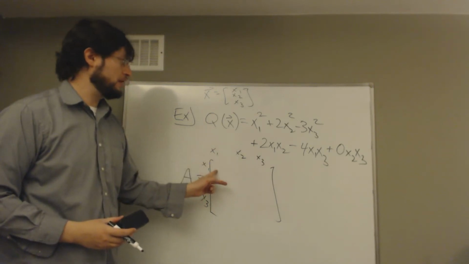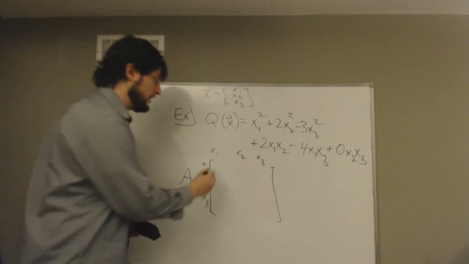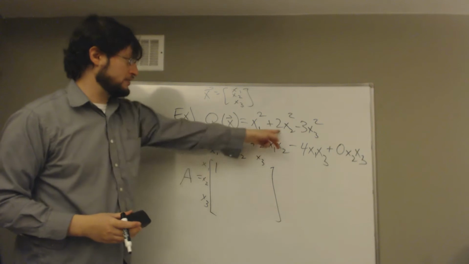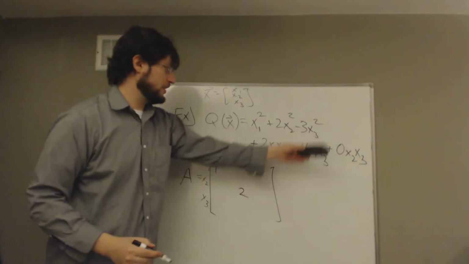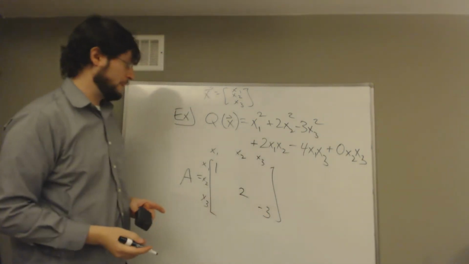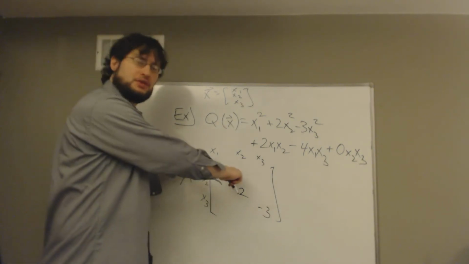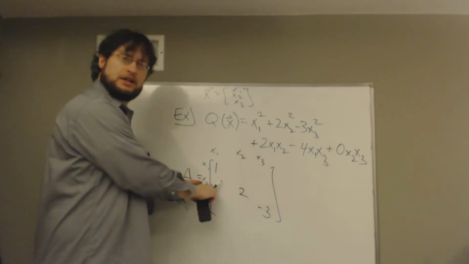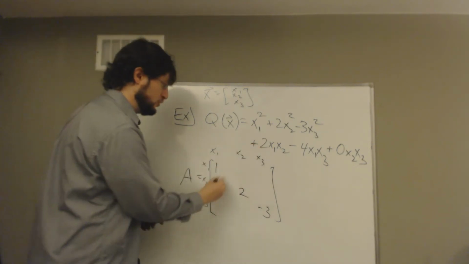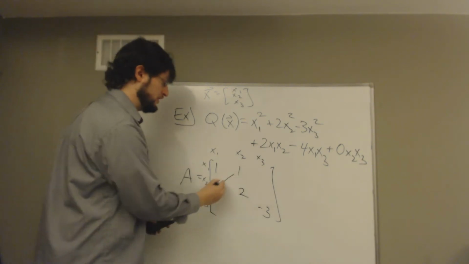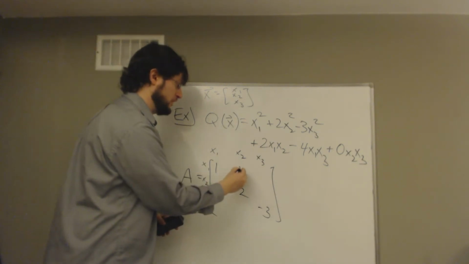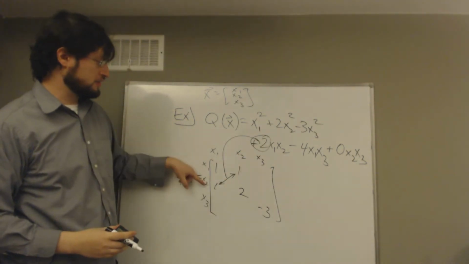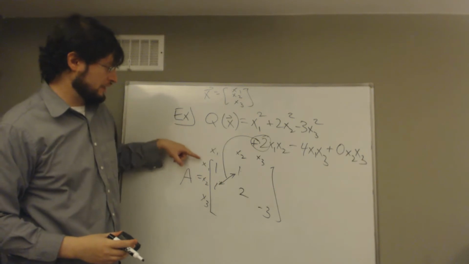Well, x1, x1 is, in this case, x1 squared, and so the coefficient out front is 1. x2, x2 has to be 2, and x3, x3 has to be minus 3. Right, x1, x2, well, I get 2 of them, but I also have an x2, x1. So that 2 has to be split up into 2 different positions. Right, so these things together make this 2 that's up here. The 1 and the 1 that corresponds to x1, x2, and x1, x2.